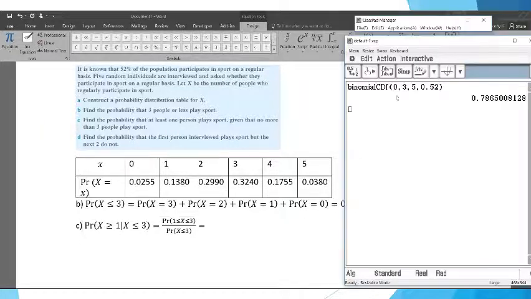Alright, so we want the probability between 1 and 3. We can just drag the last one down and change the numbers. So the bottom limit is now 1, going up to 3 out of 5 trials.